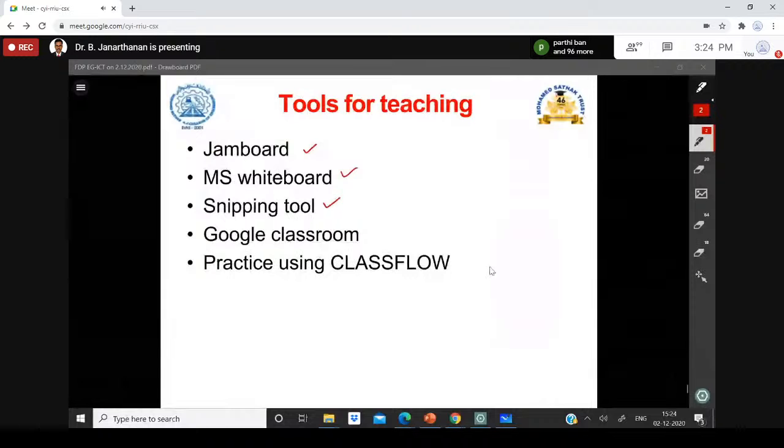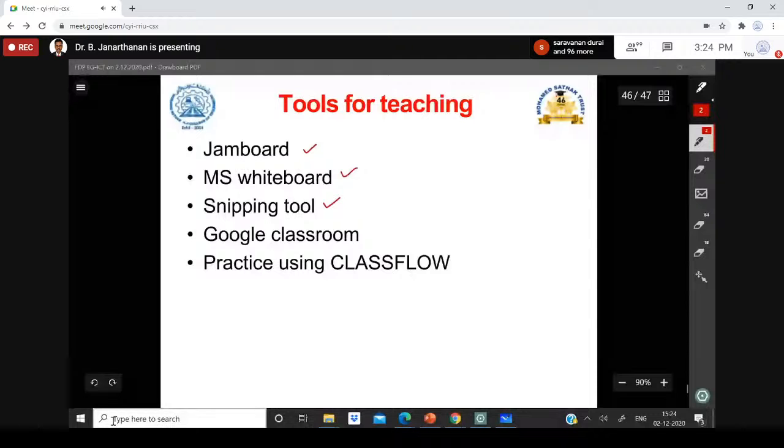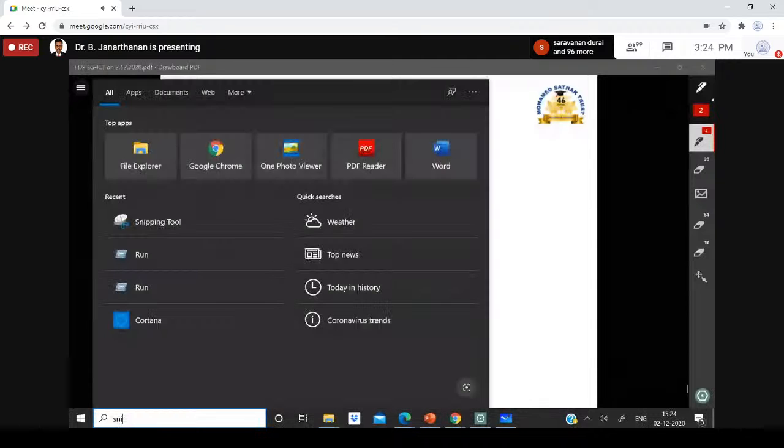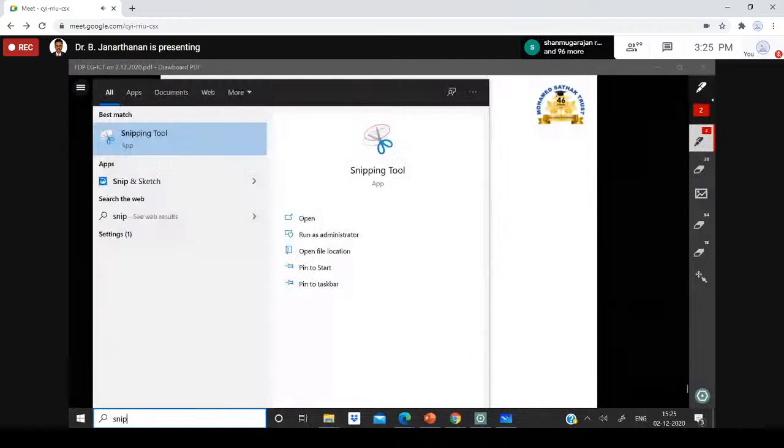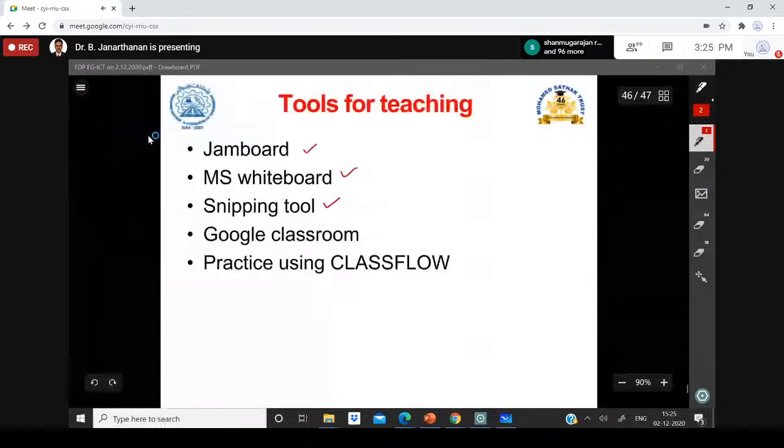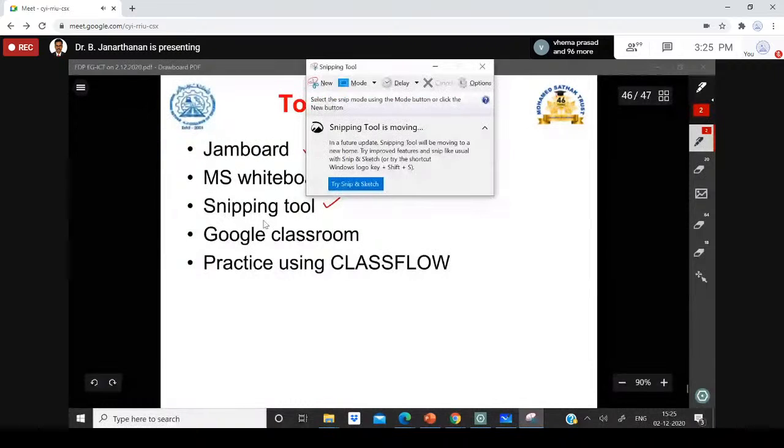But the snipping tool, yesterday only I came to know it is inbuilt in Microsoft. So I will show how to use this snipping tool. Many of you might be aware, but I came to know only yesterday. It is very useful. When you use this snipping tool, whatever you want to cut, it is very easy.